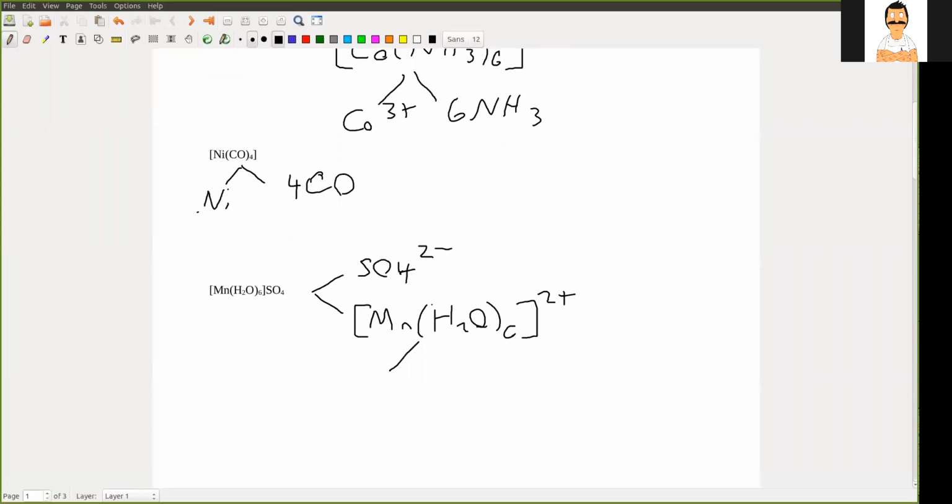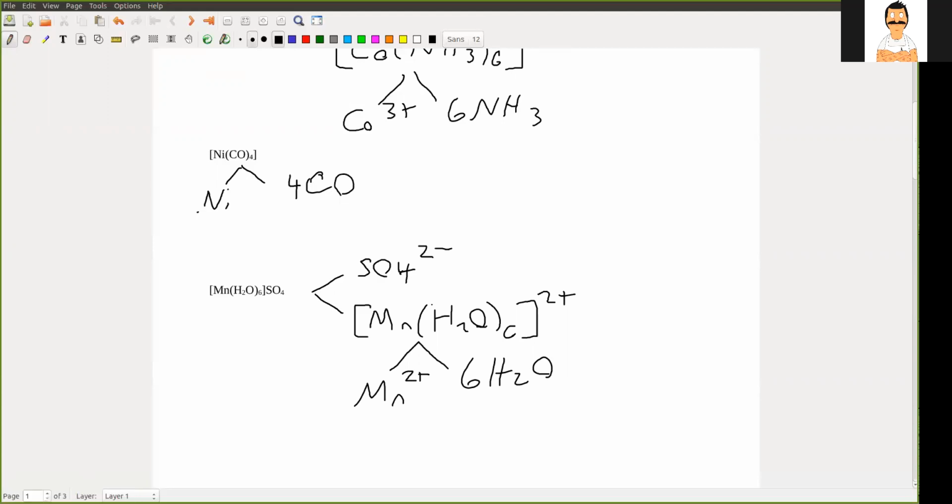And again, we want to split that up. So we have 6 waters and manganese. Because water is neutral, it doesn't lend a charge. The manganese gives a +2. So this would have an oxidation state or an oxidation number of 2.